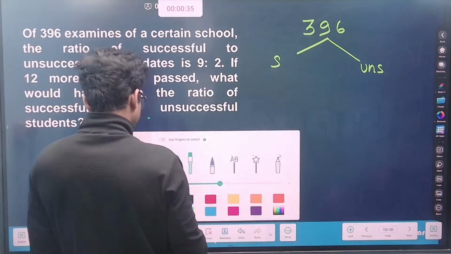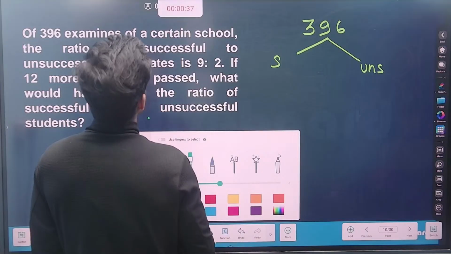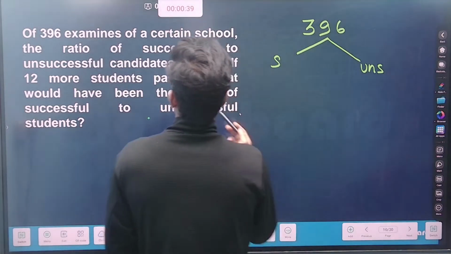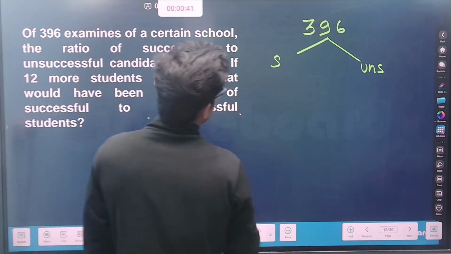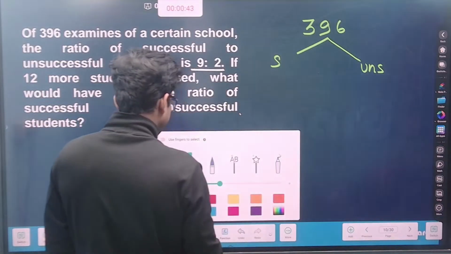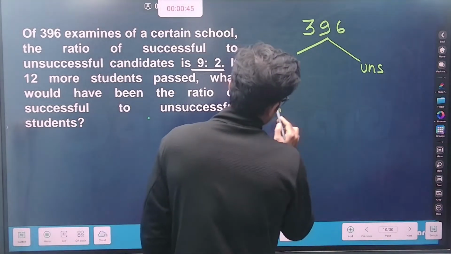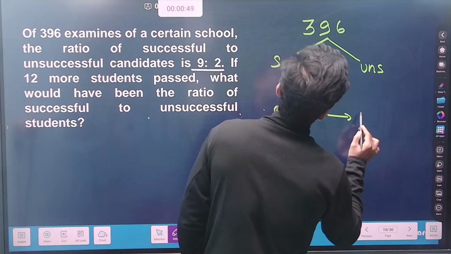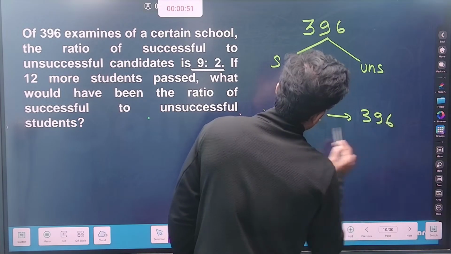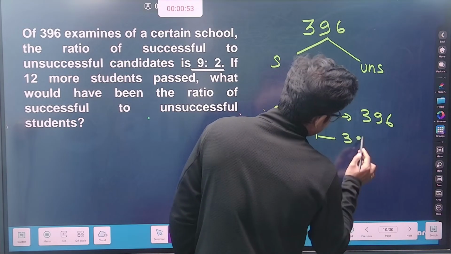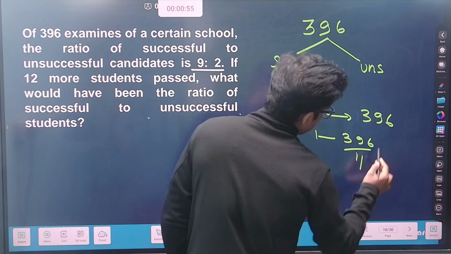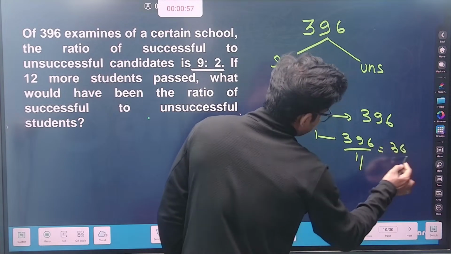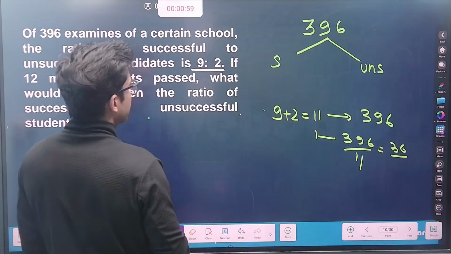Now I hope you are seeing this. Can I also say the ratio of the candidates is 9:2. So from here technically 9 plus 2 is 11. 11 value is equal to 396. So one value would be 396 by 11, which is 36.